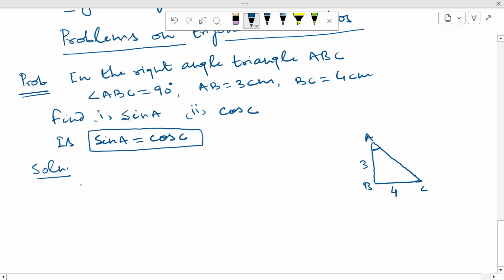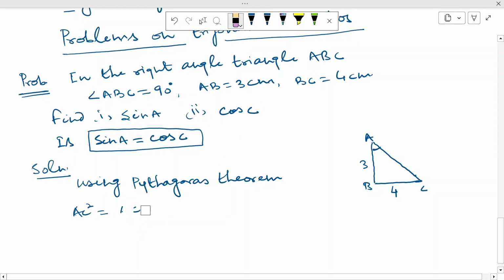So, first of all, we apply the Pythagoras theorem. Using Pythagoras theorem, we obtain AC square as AB square plus BC square.